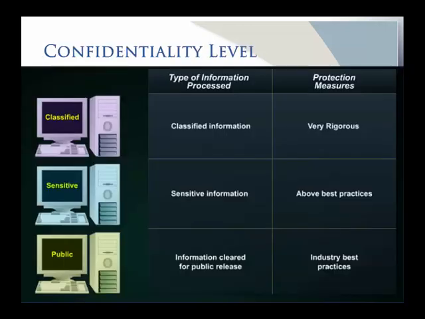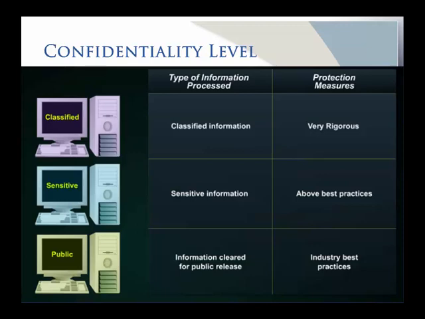And then, of course, there's the confidentiality level, where we talk about classified, and then the different levels of classification. We understand that there are layers inside of that, and we have very rigorous protective measures. Then we have sensitive data that we don't classify. You don't have to have a clearance to see it, but FOUO type information will probably fall into the sensitive area.